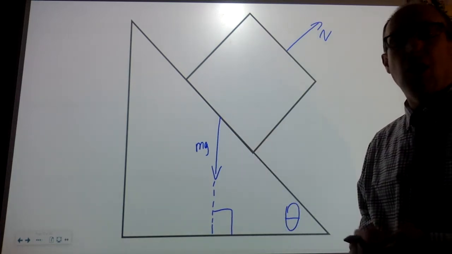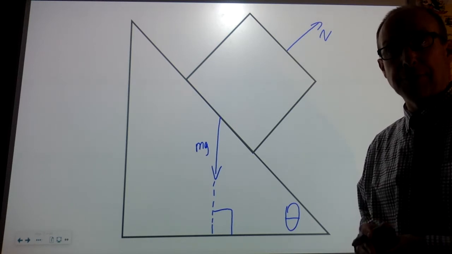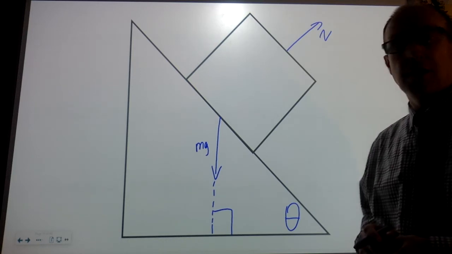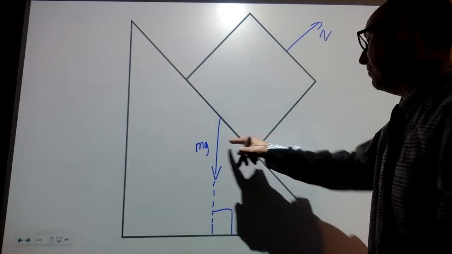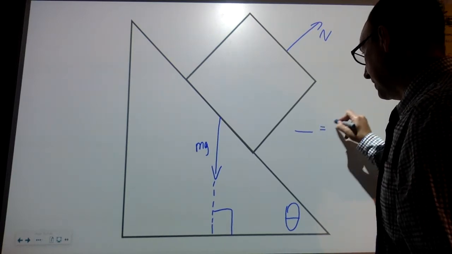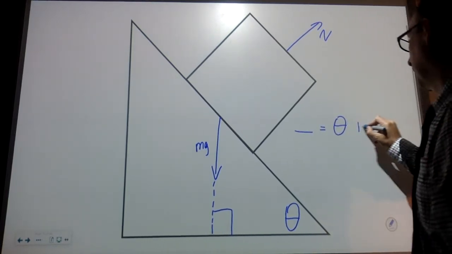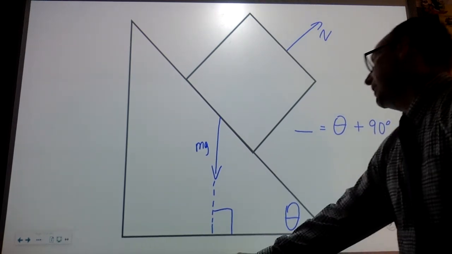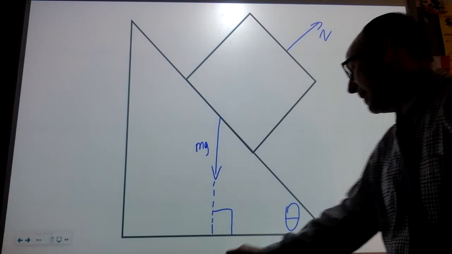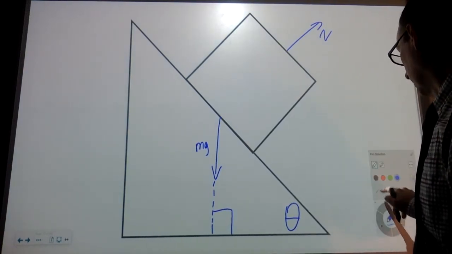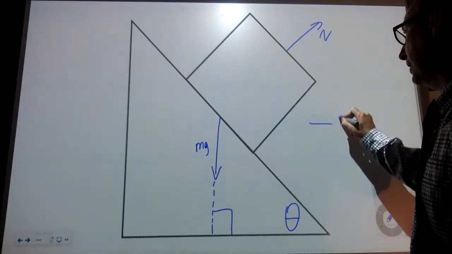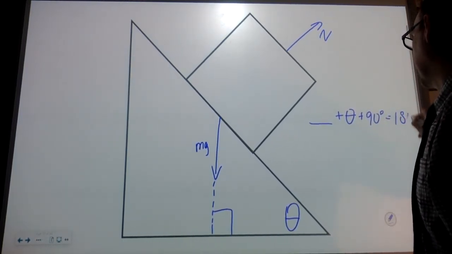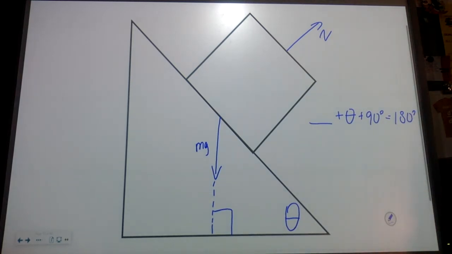Well, I know that all of the angles in a triangle add up to 180 degrees. And so that means that whatever this unknown angle is, plus theta plus 90 is equal to 180.